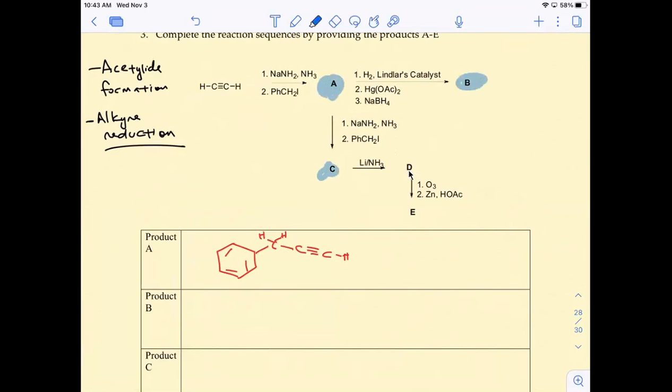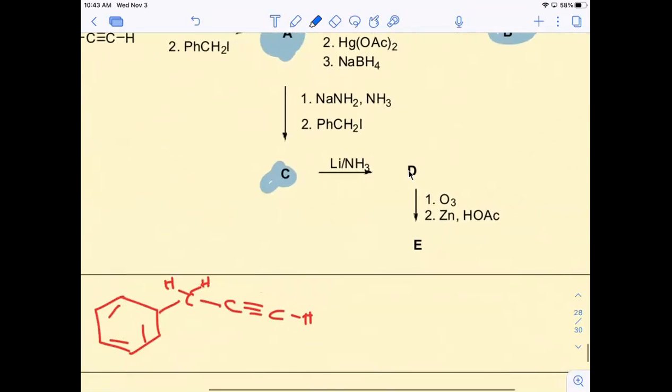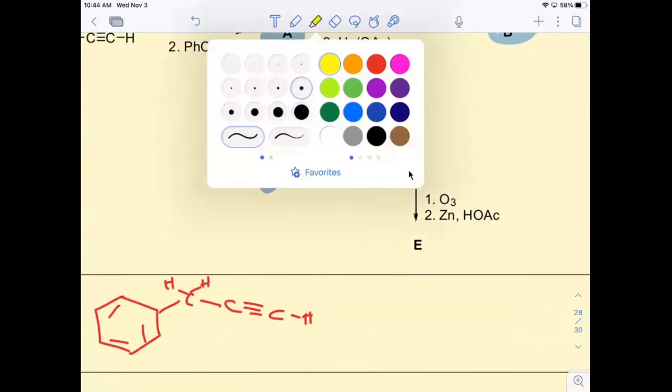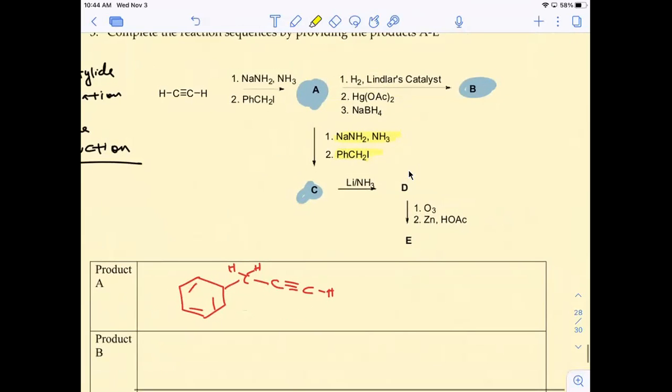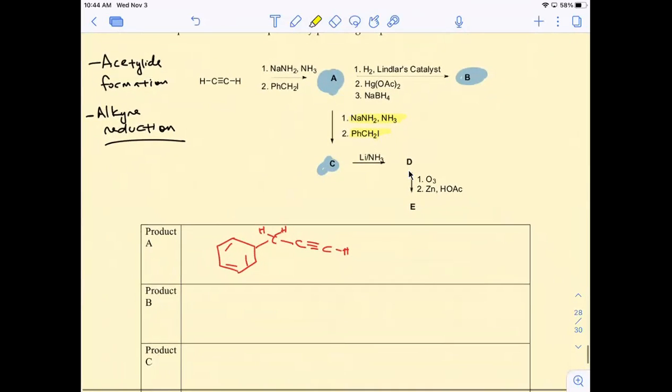Let's do C because C is very easy to predict. What are we going to get from C if we take the product from A as my start material? And I'm using the same set of reagents, sodium amide and ammonia, and then benzyl iodide. What am I going to get for B? I'm sorry, for C.